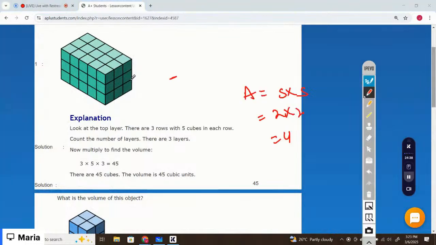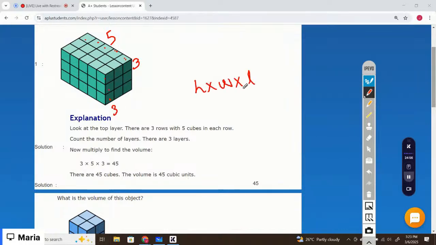The width is 3, the height is 3, and the length is 5. So you have to do 5 times 3 times 3, that is 45. The correct option is 45.